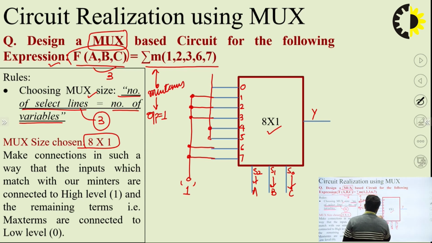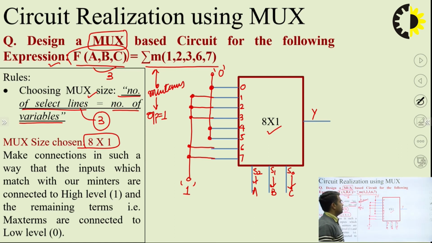These 3 are going to be connected to logic 0, so that whenever any value is placed on the select lines A, B, C, and they select 0, 4 or 5, the output will be 0.